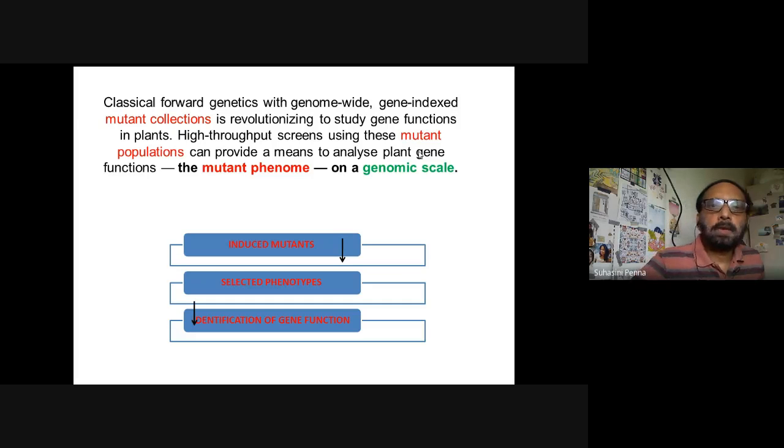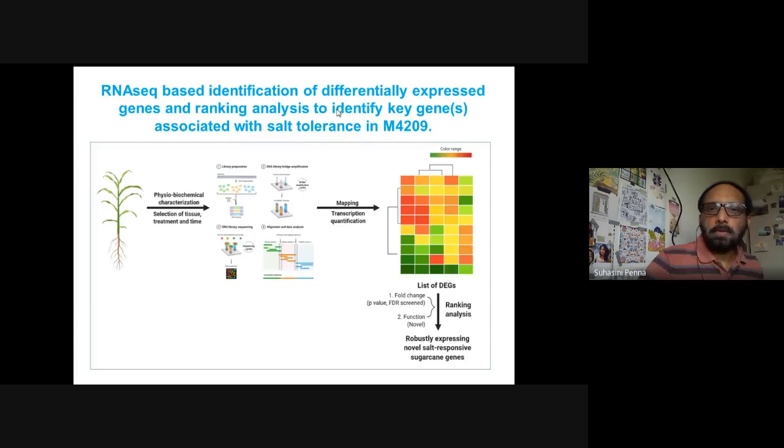The second aspect is how you can study what kind of mutations have taken place, how these traits have changed, and why the mutant is performing better. This is a kind of looking into the mechanism. So we try to use different genomics techniques and develop an understanding.